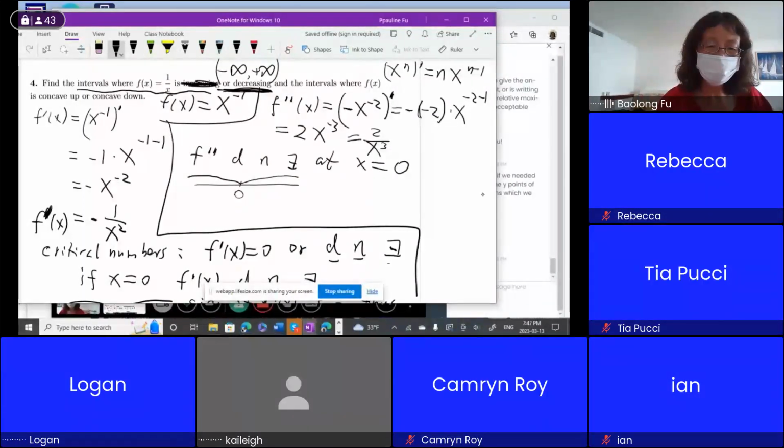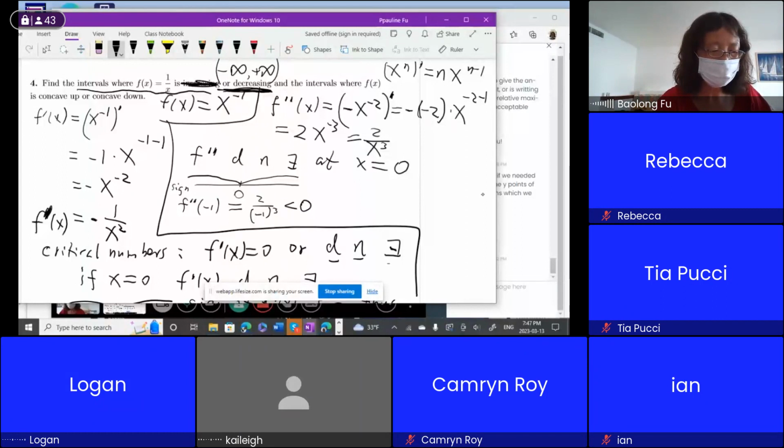Then we pick any point to decide the sign of the second derivative. Let's take -1 and figure out the second derivative. It is 2 over (-1) raised to power 3, which is a negative number.